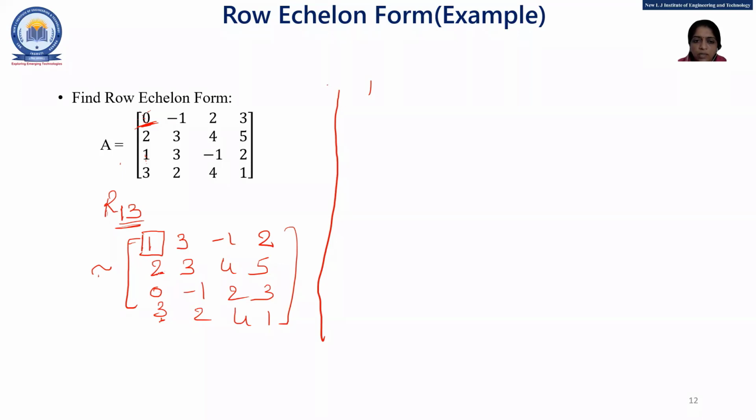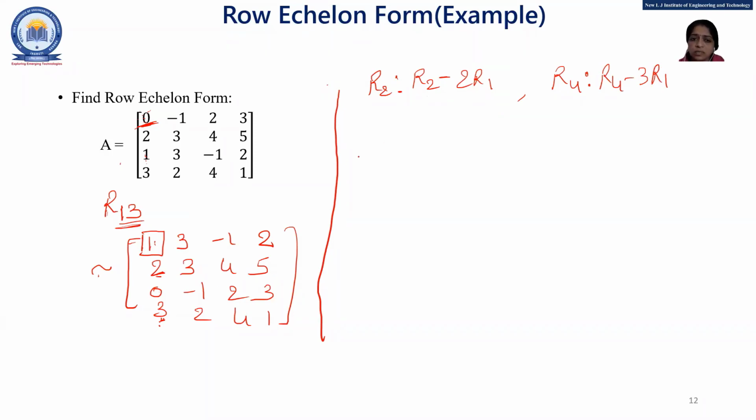That's why I need to change my second row and fourth row. For the second row, I write R2 minus 2R1: I multiply my leading element by 2, then subtract from this 2. And R4: I want to convert this 3 into 0, so I multiply the leading element by 3 and subtract. That is R4 minus 3R1. Students, this is really most important.